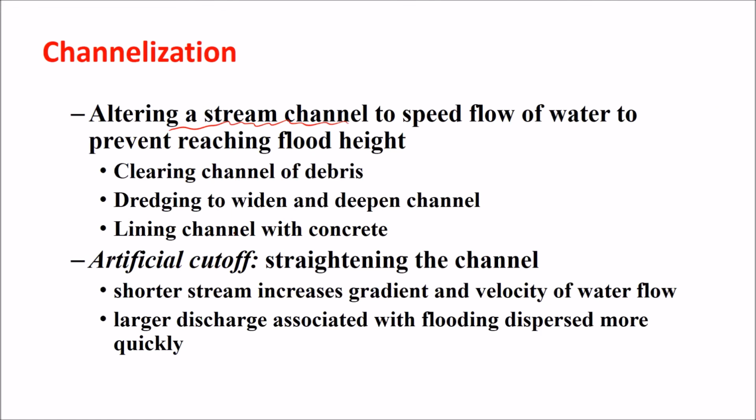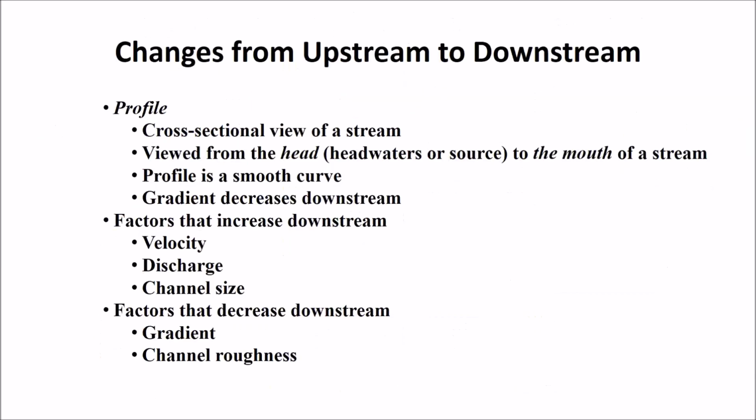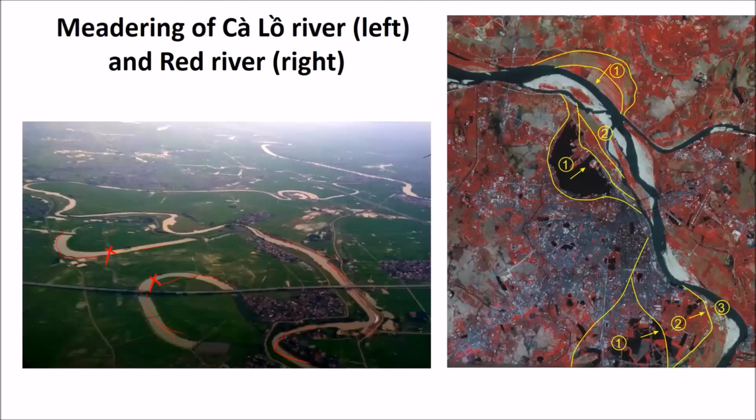Yeah, and by clearing the channels, by straightening or widening or deepening the channel, there are different ways to change the channels. And we may have an artificial cut off, like straightening the channel. What is the artificial cut off here? I think it should be here.